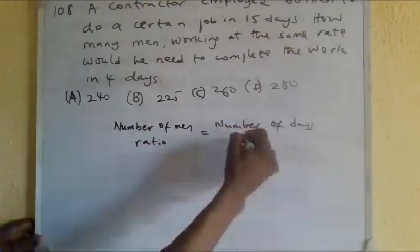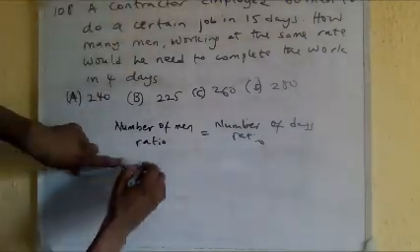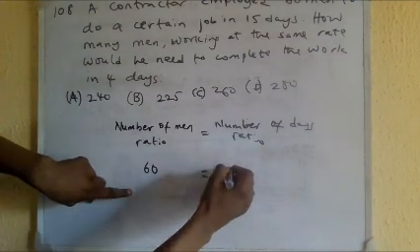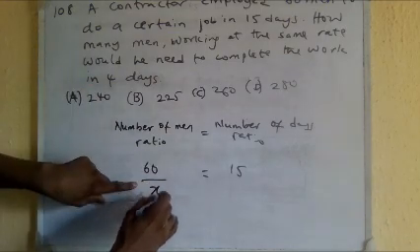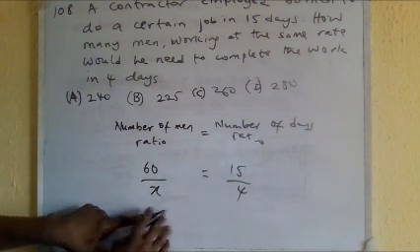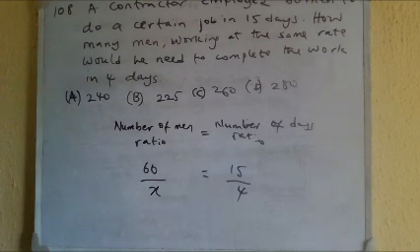Okay, so you say a contractor employs 60 men. So 60 is up here to do a job for 15 days. You understand? So how many men, X, required to do the same job for 4 days? So this is the equation already, the equation you need to solve and get the unknown value.